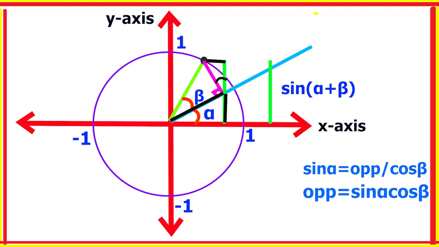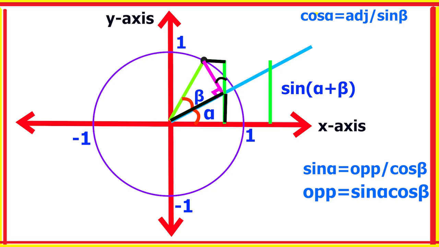For the other right angle triangle, we have angle alpha, so cosine of angle alpha is adjacent over hypotenuse. But what's the hypotenuse? Sine beta, that's the opposite side of beta, from the definition of trigonometric functions.